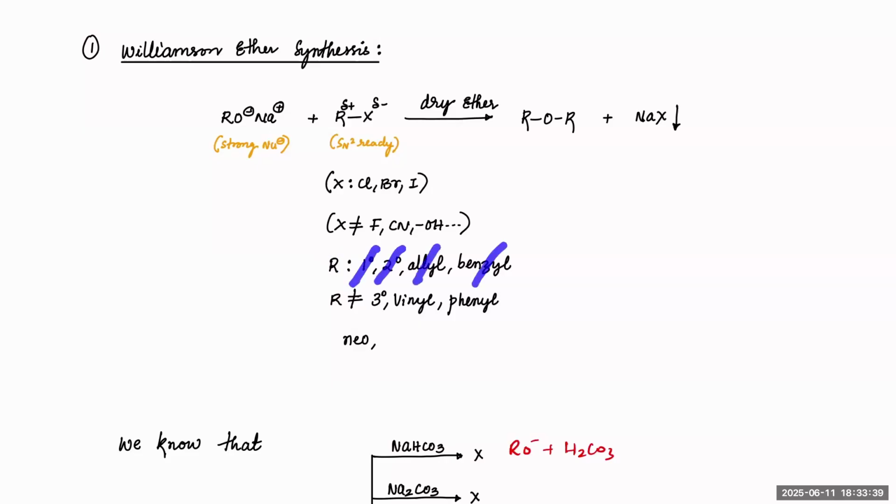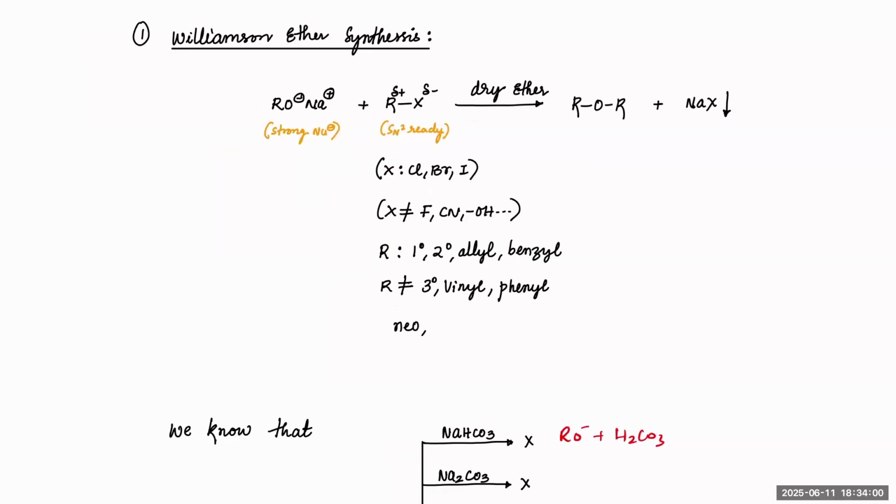It cannot be 3 degree, vinyl, neo or phenyl, correct? This will not give SN2. So if these conditions are satisfied, RO minus will attack here and remove X minus. That's how you'll get an ether. So this way you are producing ethers, and this ether synthesis is called Williamson ether synthesis. Clear?